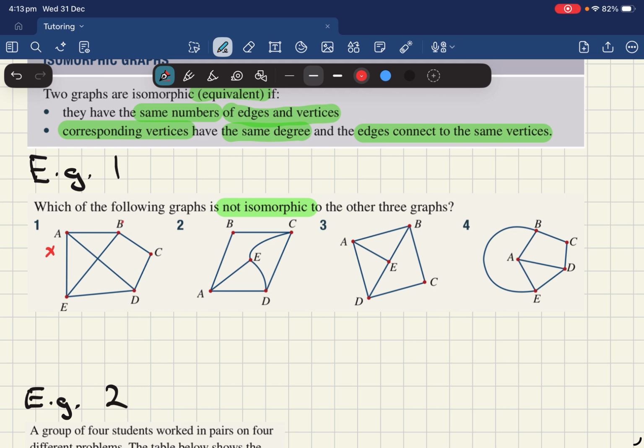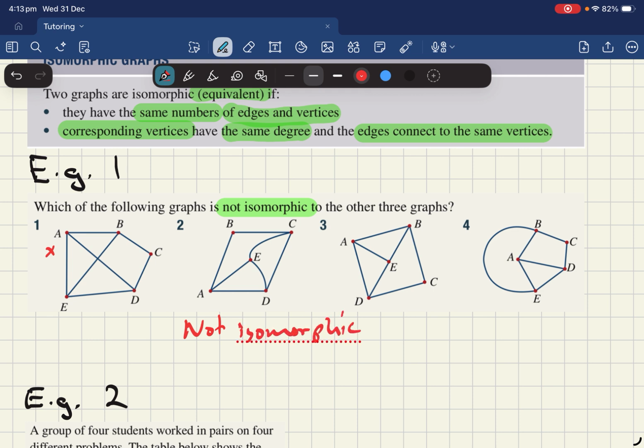We look at the next one. Vertex B has a degree of 3 here. Here it has a degree of 2, okay? So alarm bells are ringing here. Here it has a degree of 3, and here it has a degree of 3 as well. So we can see with this second one, this one is not isomorphic. So graph 2 is not isomorphic.